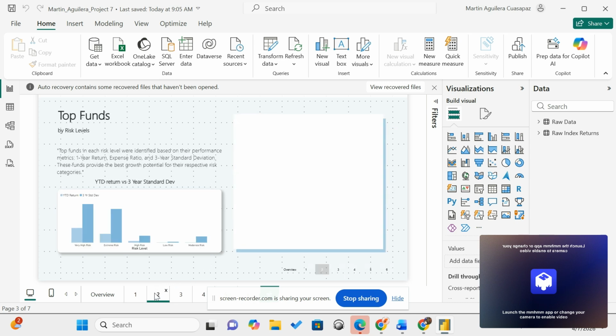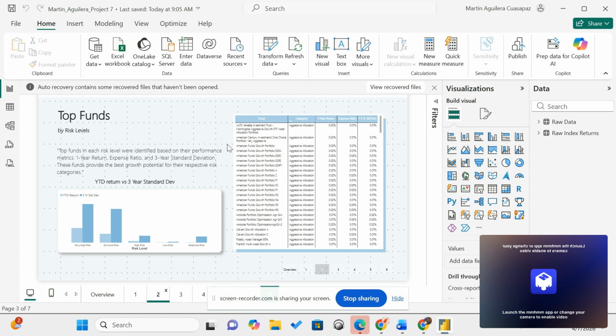Next are the top funds where they can invest money. The top funds in each risk level were identified based on their performance and metrics: the 1 year return, the expense ratio, and the 3 year standard deviation. These funds provide the best growth potential for their respective risk category.